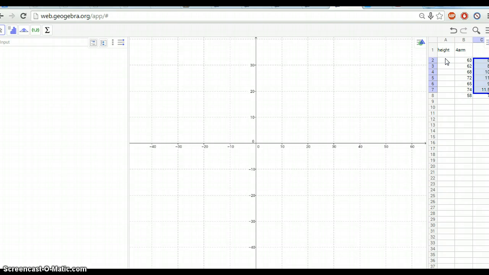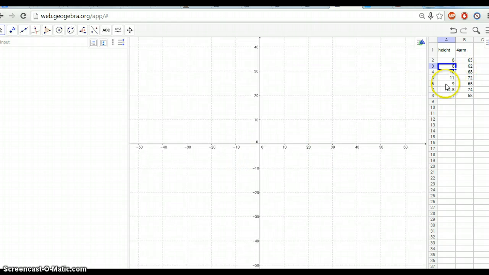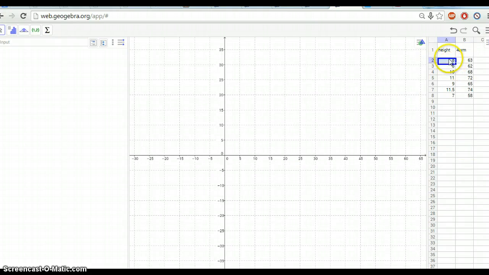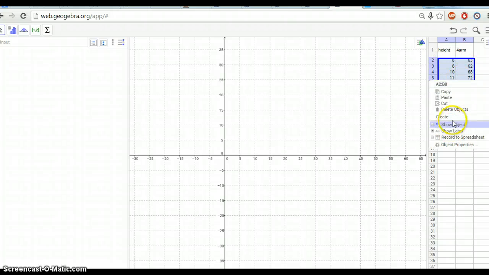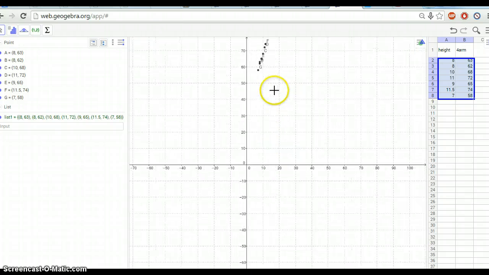And then copy this one again and put it back over here. Okay, so now I have that. Let's do that again. Right click, drag that, and create a list of points. And now we have our list here.